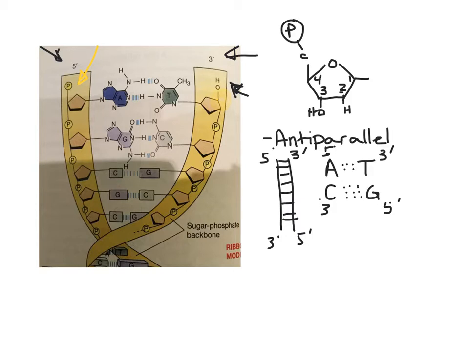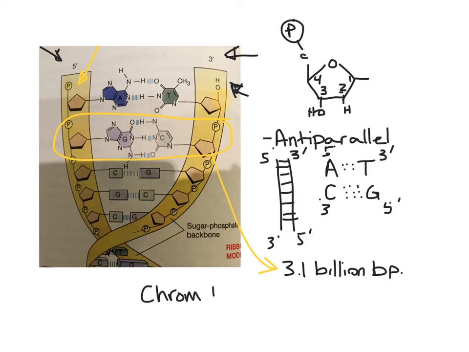So if you want to see a full genome, right here you would have a base pair. And remember that the human genome has 3.1 billion base pairs, and chromosome 1 has over 200 million base pairs.